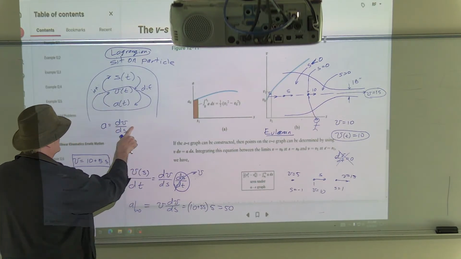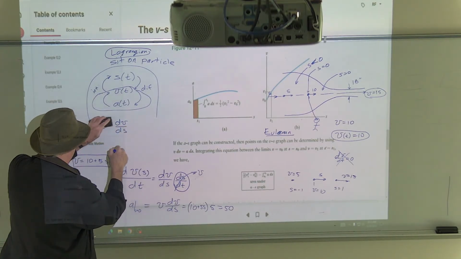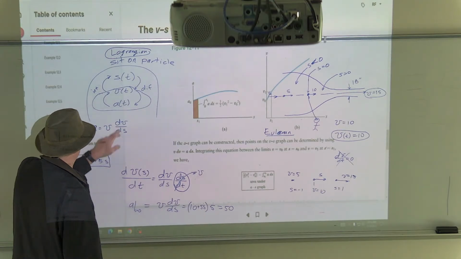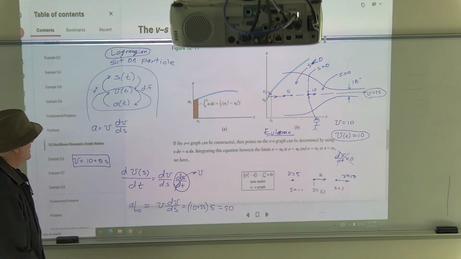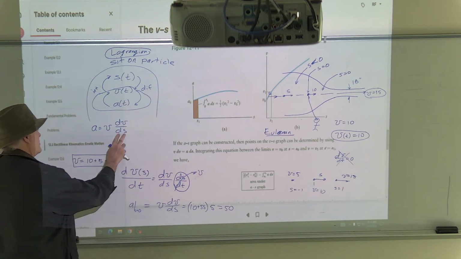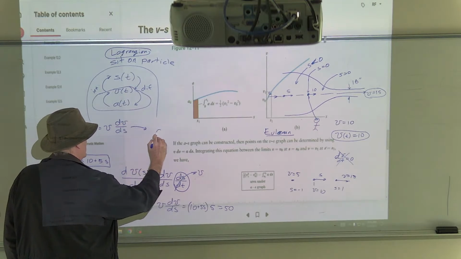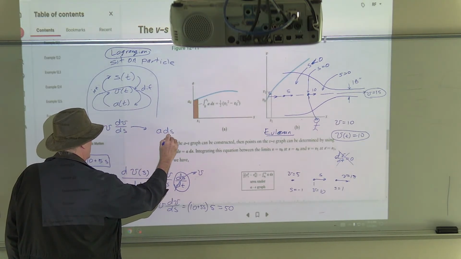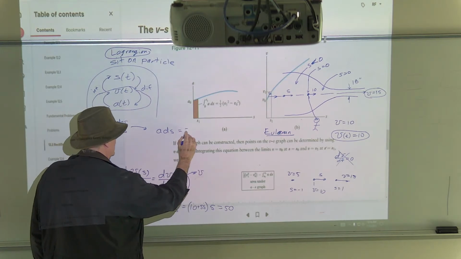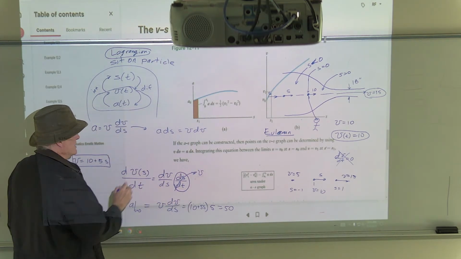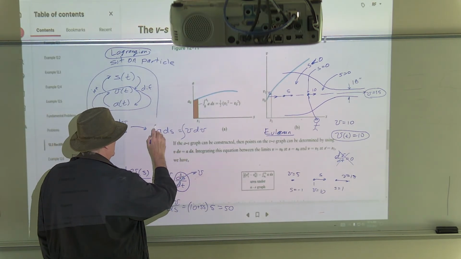Usually it doesn't matter whether you put the velocity in front or back, but for some reason they tend to put the velocity in front, and that's okay. I think the reason they do is because they can bring the ds over. So this equation will get you a ds equals v dv. The nice feature is this, okay?